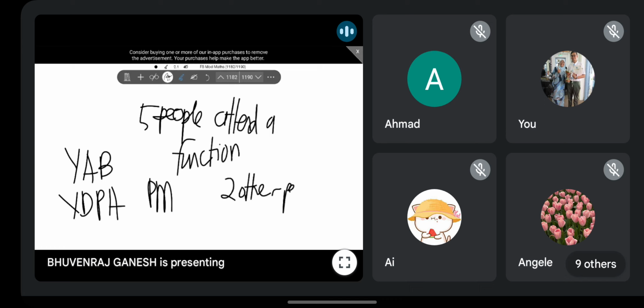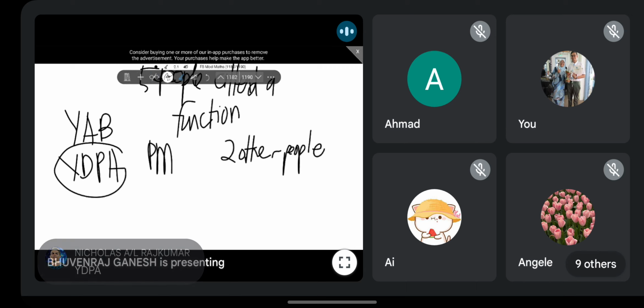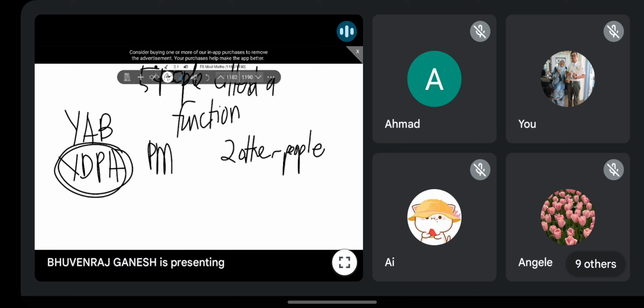Can you all tell me who is the VVIP in this scenario? Can you all comment? I want to make you understand the associative law. Correct, this will give priority to the YDPA. Of course, the Agong is on top. Second, who will be given priority?